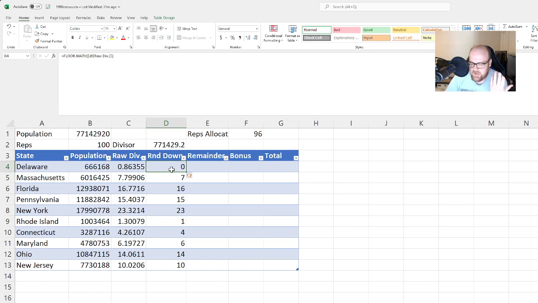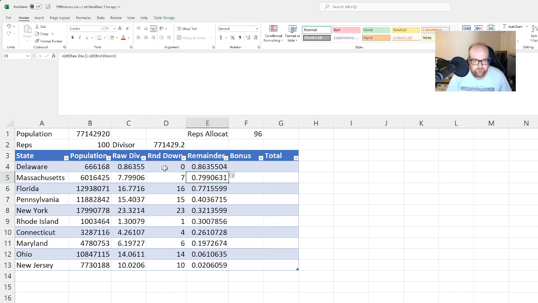Now, 0, yeah, it's not great, but we'll fix that in a second, because then we're going to find the remainder, which is just this divided amount minus the rounded down. Whatever the remainder is, this number is going to be between 0 and 1. We're going to sort that number from largest to smallest. And you'll see, hey, here we go. Okay, so Delaware has the largest fraction. They're the closest to being rounded up, so we're going to give them 1.